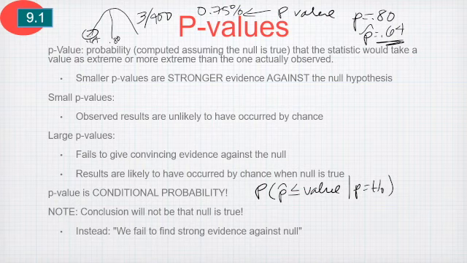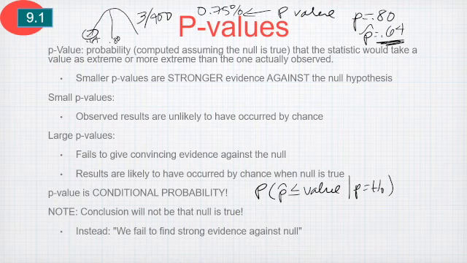So then here we go. Conclusion. When we say, okay, well, look, she got 0.64, that doesn't mean there's no way the null could ever be true. Our conclusion will not be that the null is true. If we found out that her probability was actually close to 0.8, we would say instead, we fail to find strong evidence against the null hypothesis.